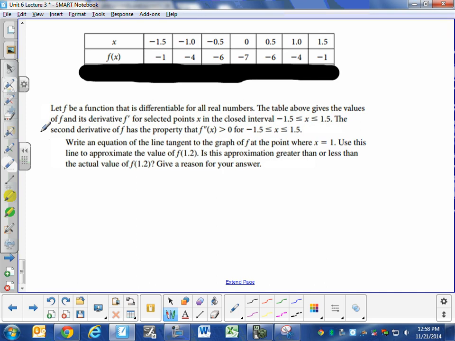The second derivative of f is positive for all x's in this interval. Write an equation of the line tangent to the graph of f at the point where x is 1. Use this line to approximate the value of f of 1.2. Is this approximation greater than or less than the actual value of f of 1.2?